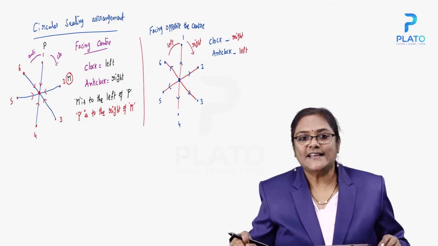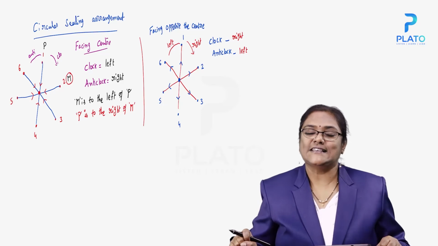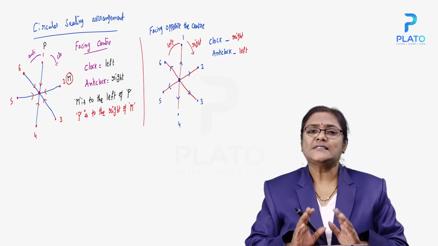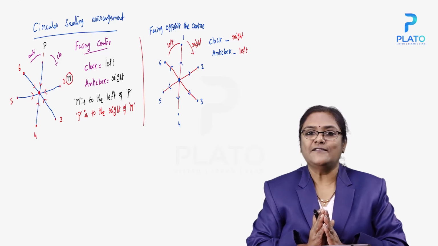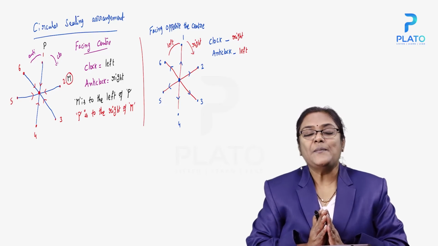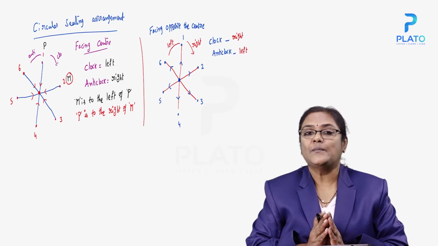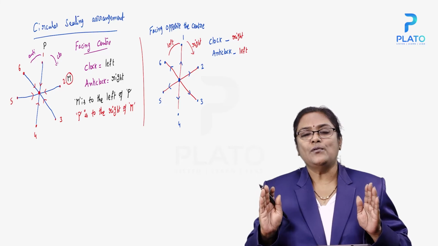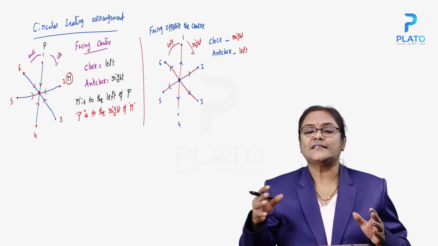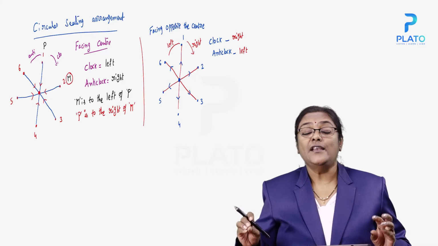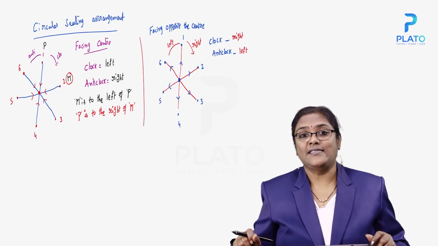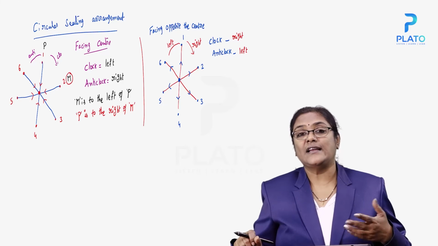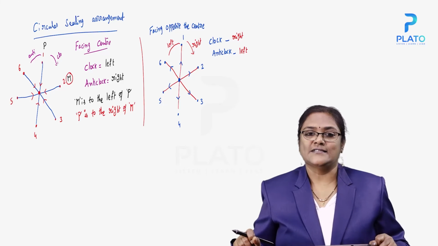This is how you have to understand the information precisely: facing the center, facing opposite the center. Sometimes the person will not give you the exact information whether people are facing the center or opposite the center. You will be given only the information that some people are sitting around a circular table. Then you get confused: should I take clockwise, facing the center, or opposite the center?